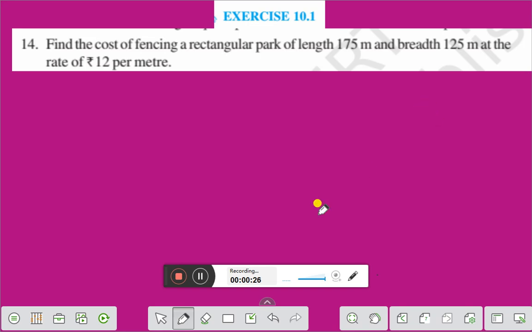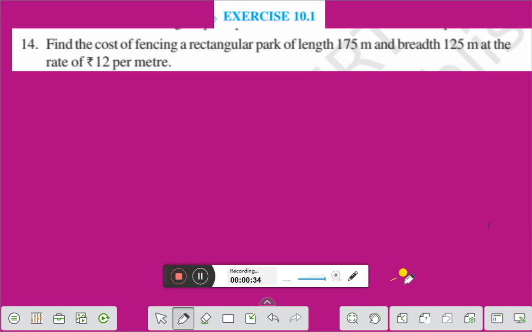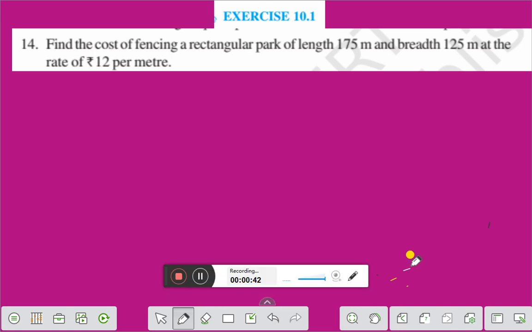Here you see, let us take this rectangular park.